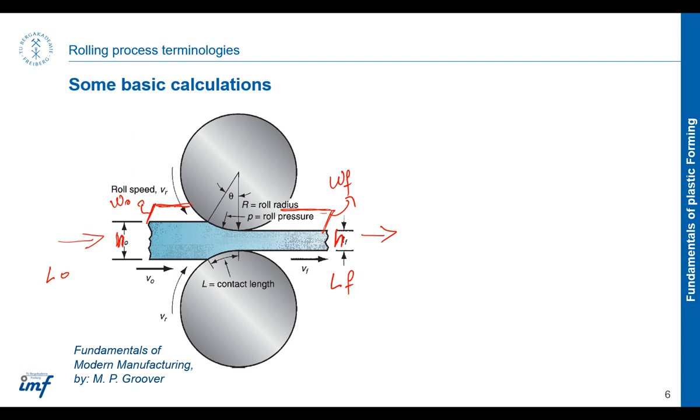But considering the law of constant volume, we will have fixed volume on both ends. So we can start with initial length multiplied by initial width multiplied by initial height is equal to final length multiplied by final width multiplied by final height.